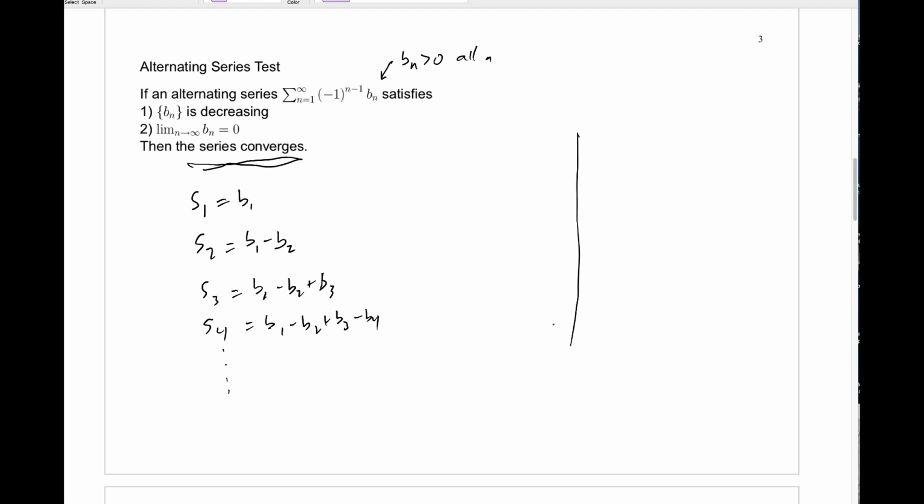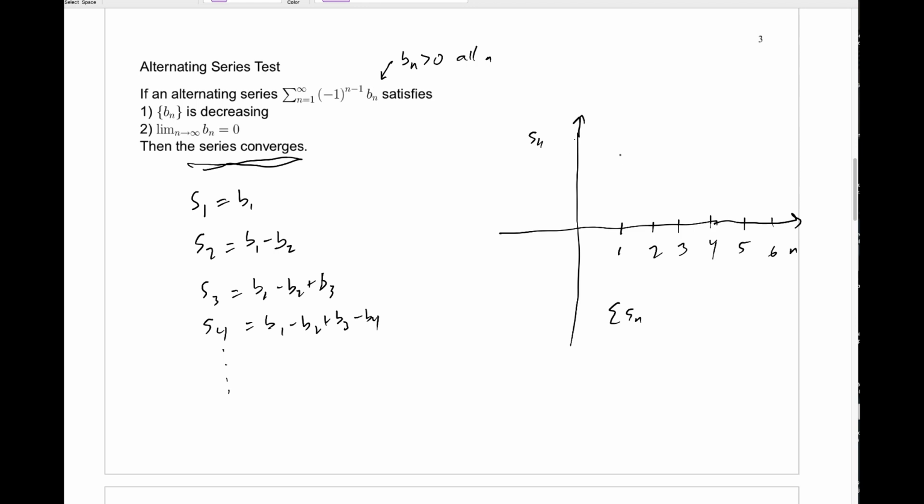If we graph the sequence S sub n, and remember what it means to graph the sequence, we're going to be putting n along this horizontal axis: 1, 2, 3, 4, 5, 6. And here we're going to put S sub n along what's normally the y-axis.